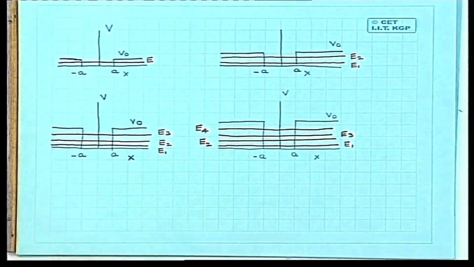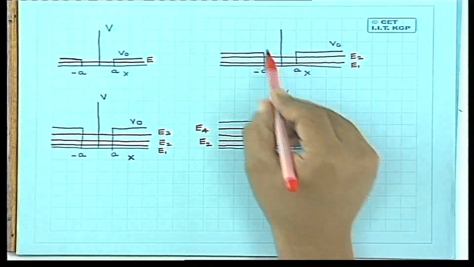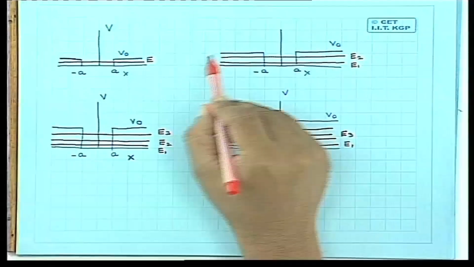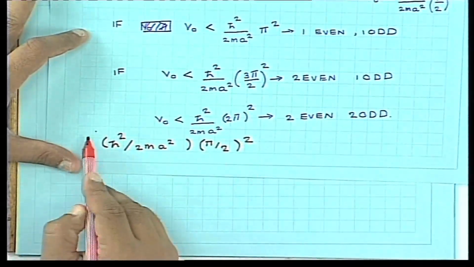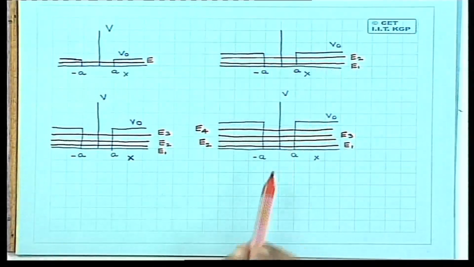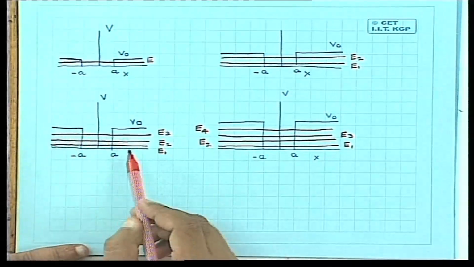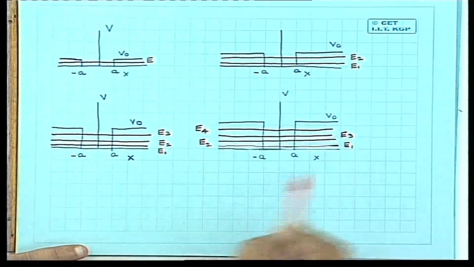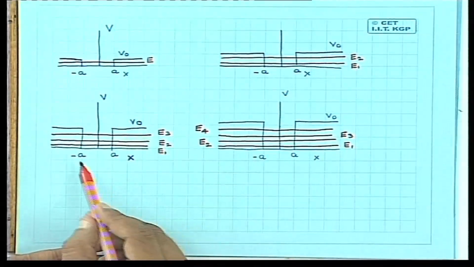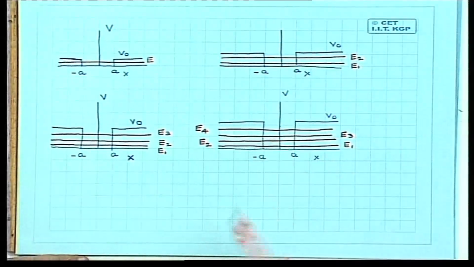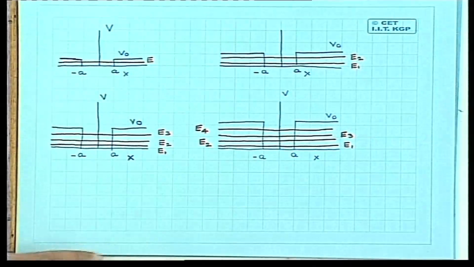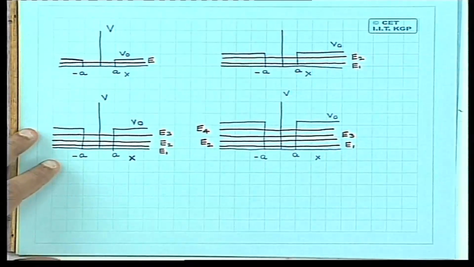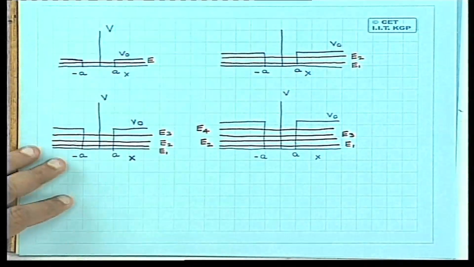Then if I make the potential deeper, make the well deeper, once it crosses one unit of this much, I will get one more solution. And if I keep on increasing it, I will get another solution, and I will get one more solution. So as I keep on increasing the potential, keeping a fixed, I will get more and more solutions. Similarly, if I vary a and make the potential broader, keeping V fixed, I will have a similar situation. I will get more and more solutions as I make the potential broader.